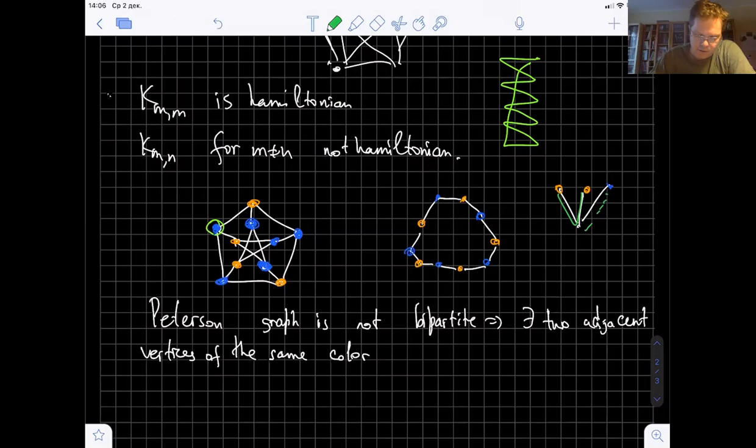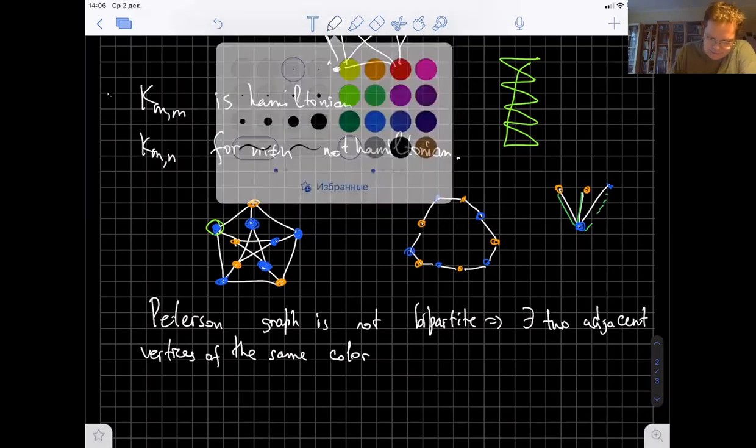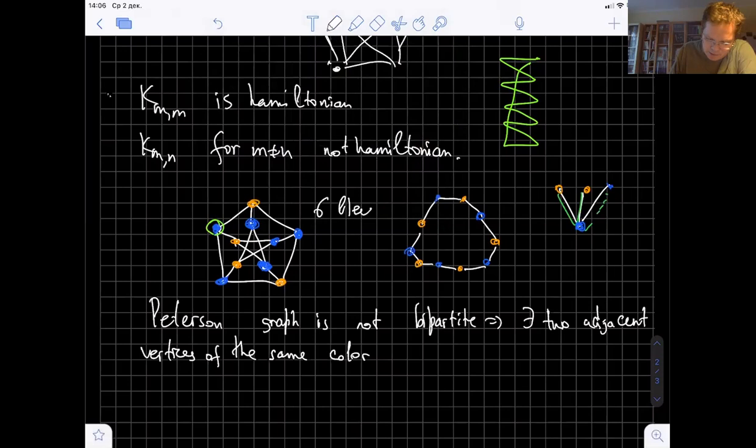Okay, so this vertex must have blue color. And so if I'm coloring, I see that I have exactly six vertices of blue color and 4 orange, and this is a contradiction because I need to have 5 and 5. Okay?